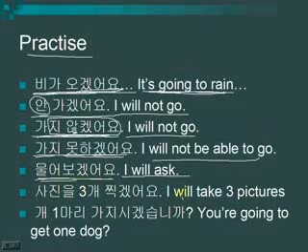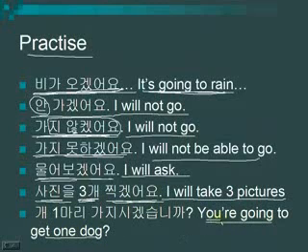물어보다 is to ask. I will take 3 pictures. 사진을 3개 찍겠어요. So 사진을 찍다 is to take a picture, and 3개 is 3 things. So 사진을 3개 찍겠어요. You're going to get a dog. Now, because it's about someone else, this means you're very, very certain that it's going to happen.